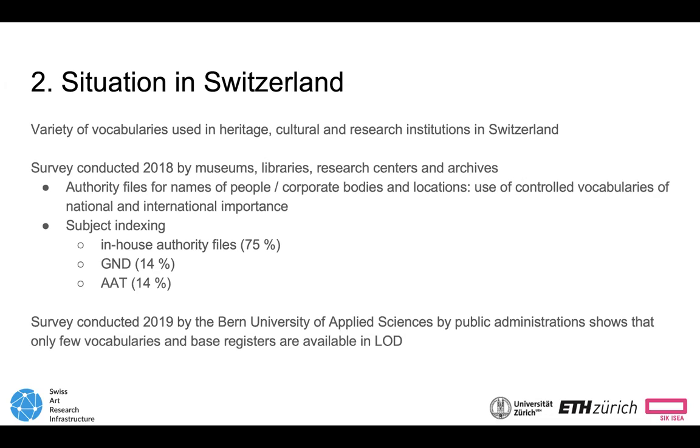But another external survey conducted in 2019 by the Bern University of Applied Sciences among public administrations shows furthermore that only few vocabularies and base registers are available in linked open data.